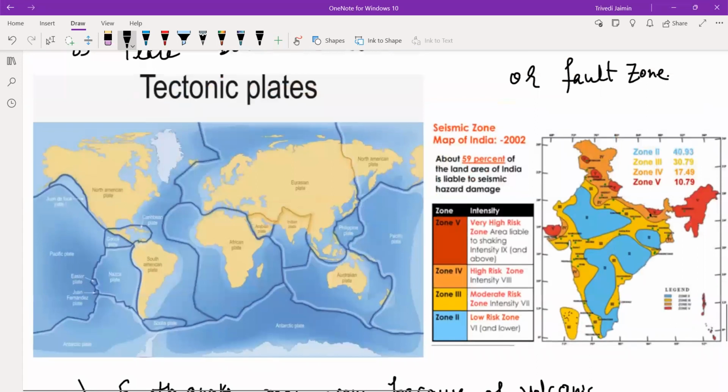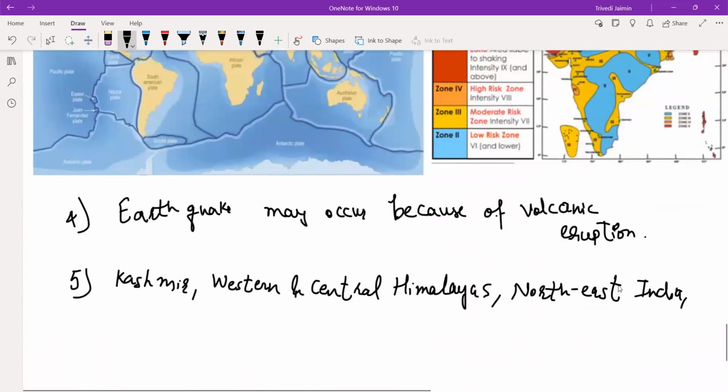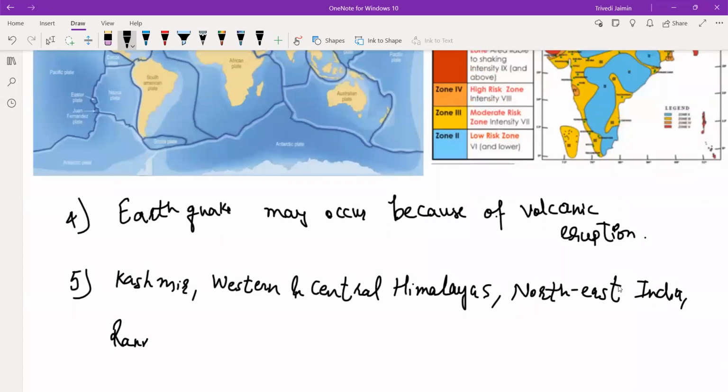Then Kutch, desert of Kutch, that is Rann of Kutch, and some plains.